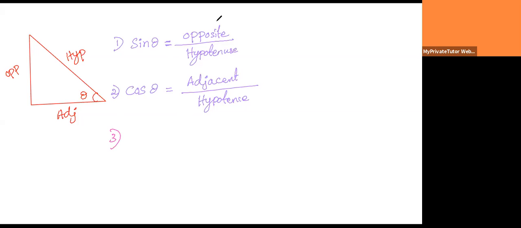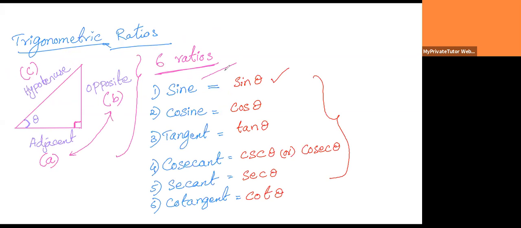Sine theta is nothing, I mean, we have 6 ratios. That first thing, please clear it out. These are the 6 ratios: sine, cos, tan, cosecant, secant, and the last one is cotangent, cot theta. Okay, great.